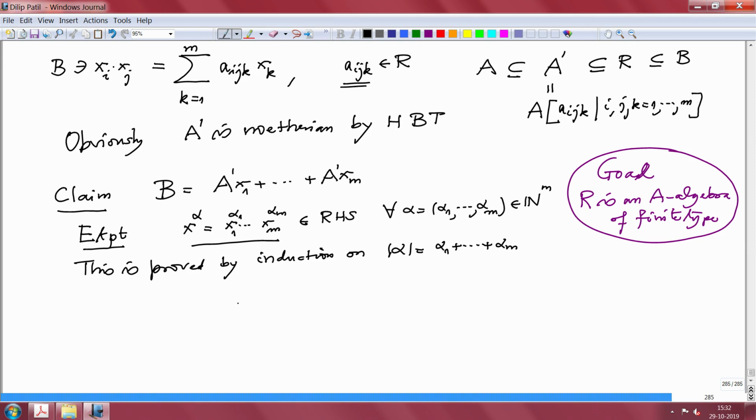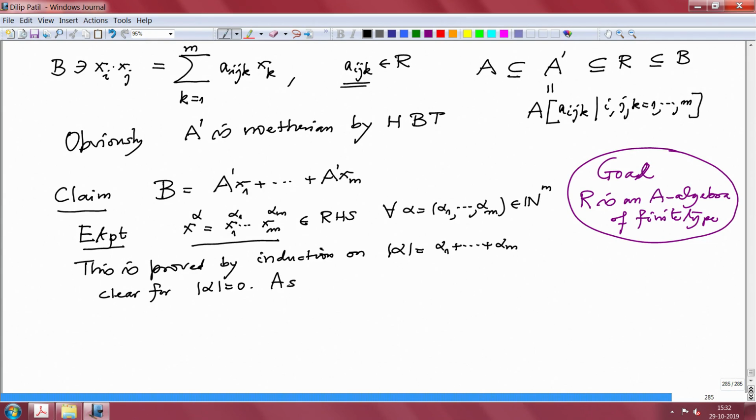Okay, so the assertion is very clear for mod alpha equal to 0. That means all these indices are 0. That means this x power alpha is 1, and therefore it is clearly in A, and therefore the assertion is clear.